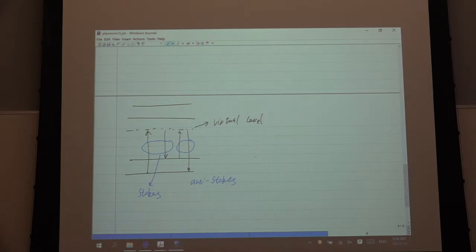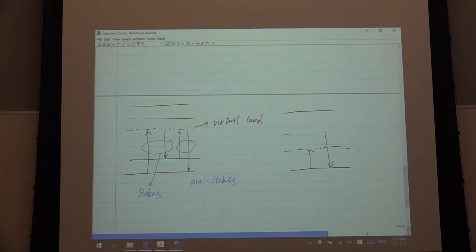Well, how about second harmonic generation? Someone studied this. I studied this recently. If this is a real level, maybe that real level is something here. This is virtual.